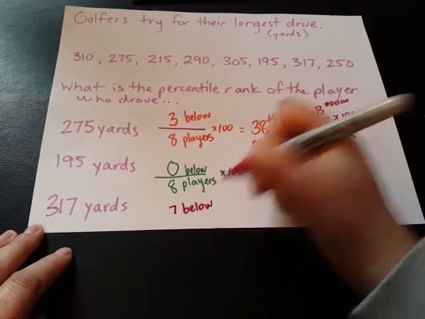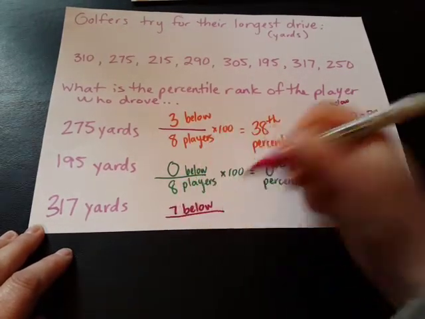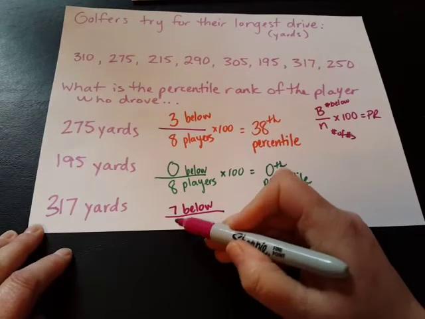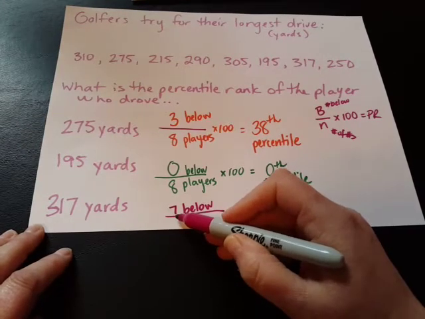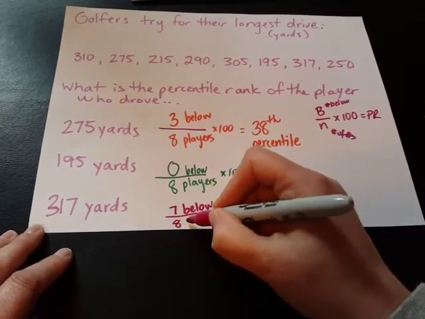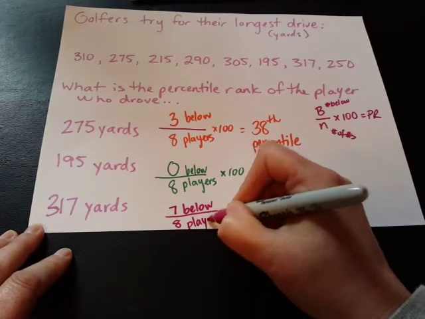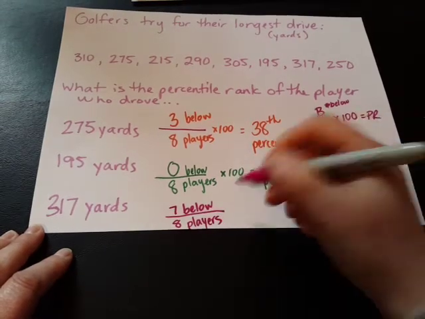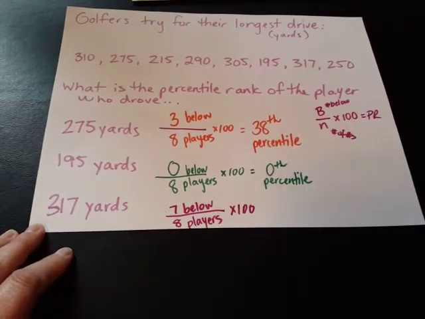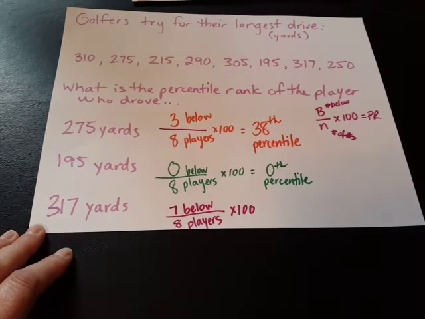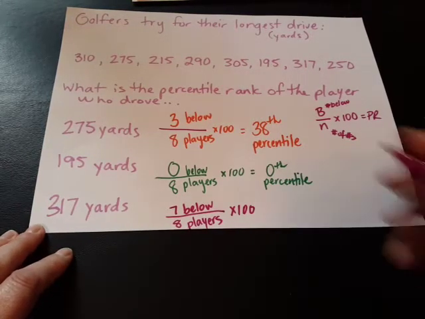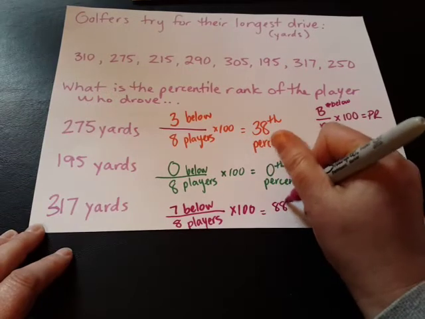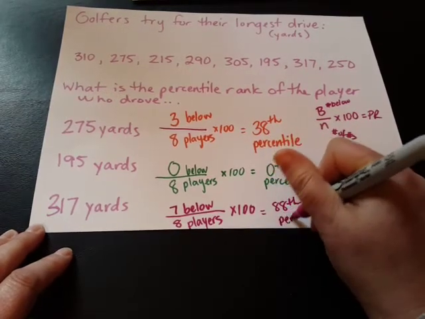And sorry, I shouldn't say that there's nobody below. Everybody's below them. But really, they're still part of this group. So there's 7 below out of the 8 players, because they're not below themselves. So technically, you can never be in the 100th percentile. This person's in the 88th percentile.